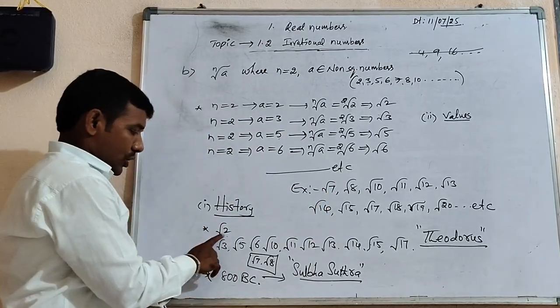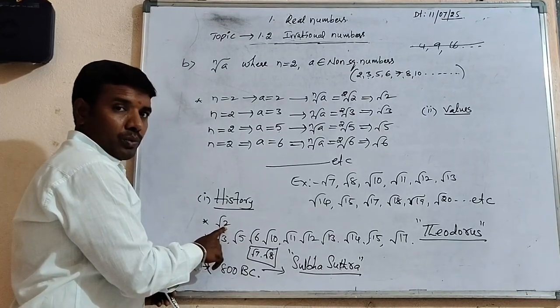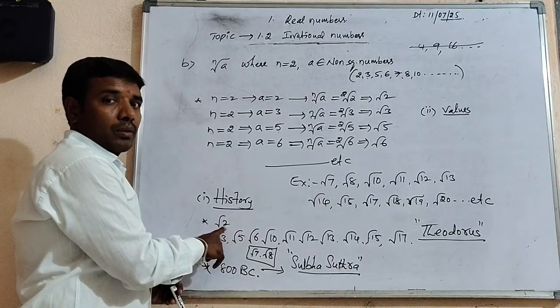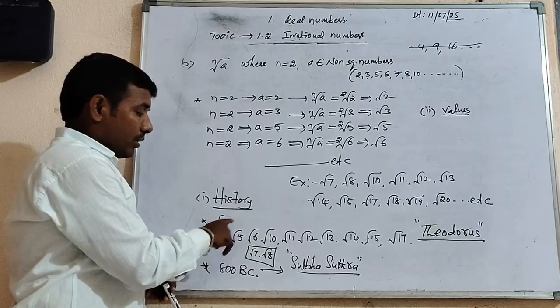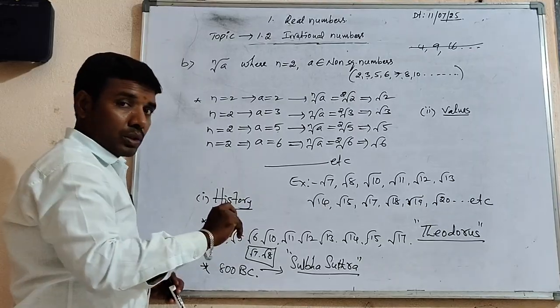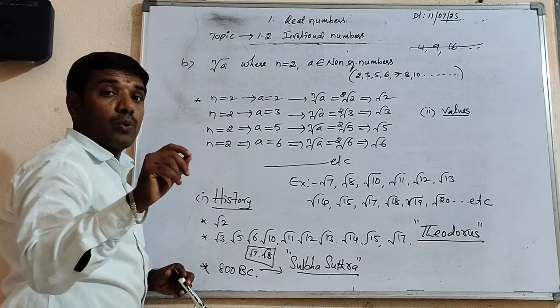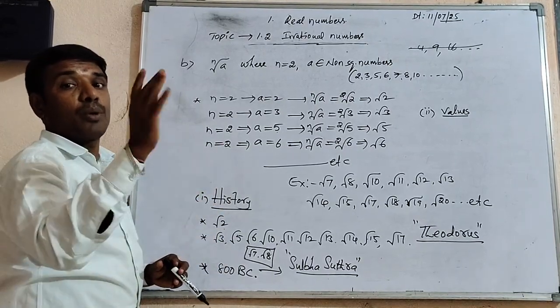Shortly, square root 2: this value was proved by the Pythagoreans from Greece. The Pythagoreans said that first, they found the irrational numbers, which we are unable to write in p by q form.